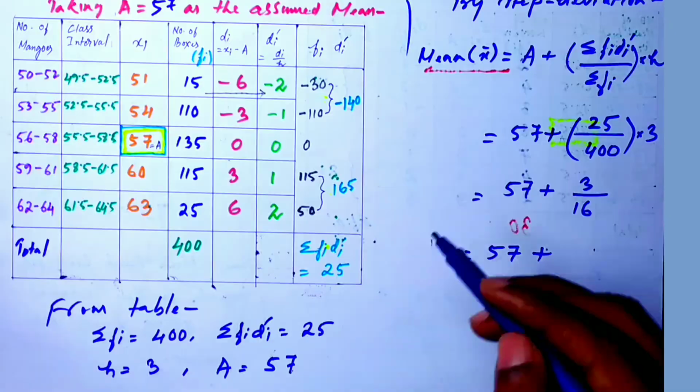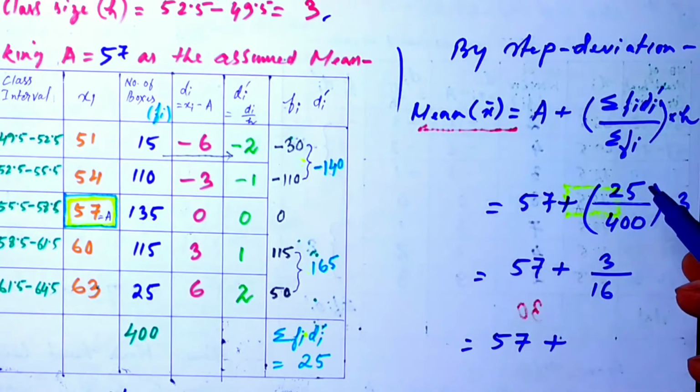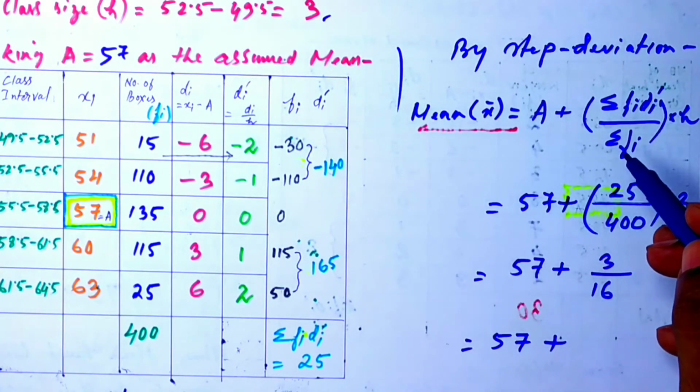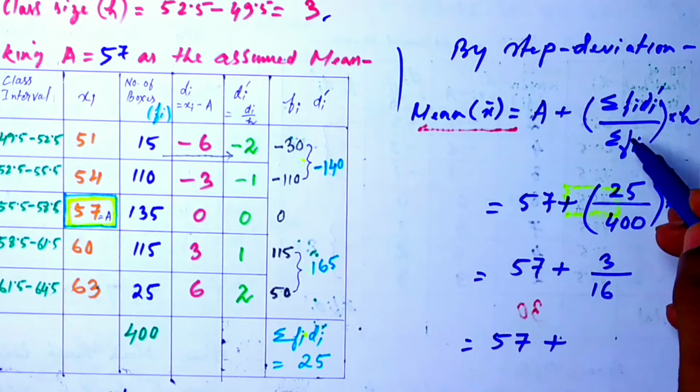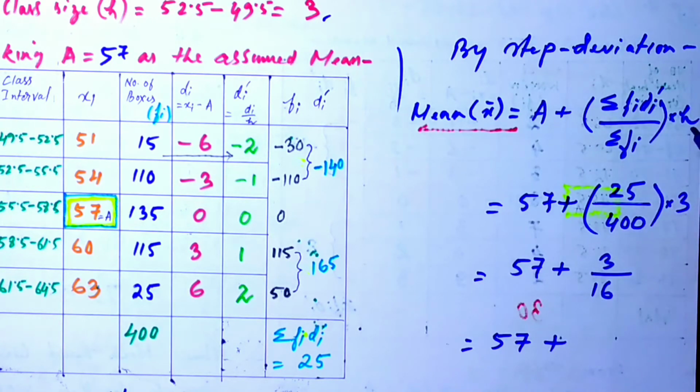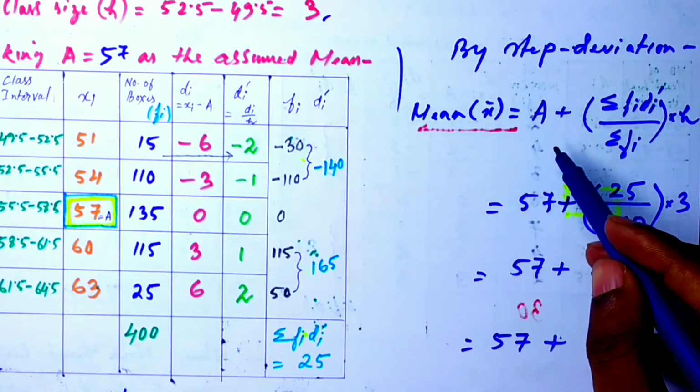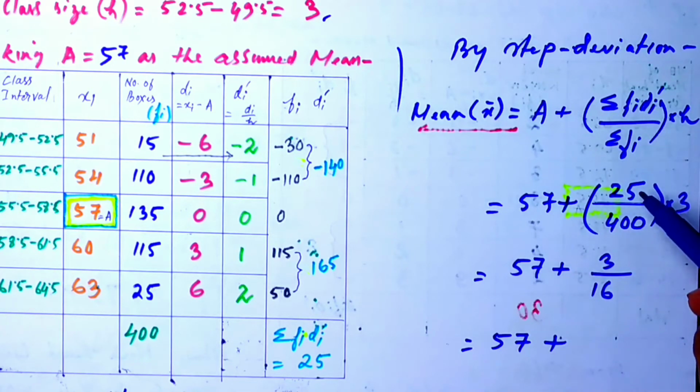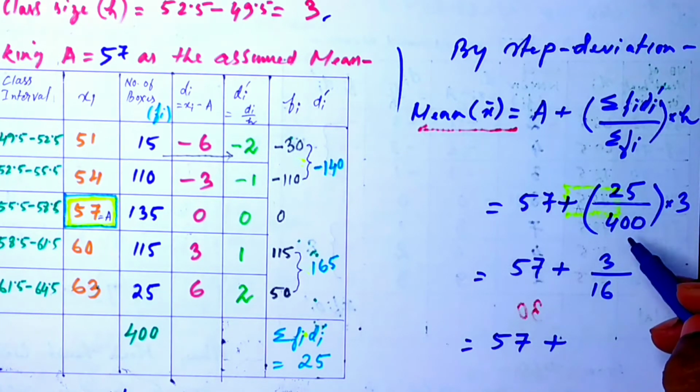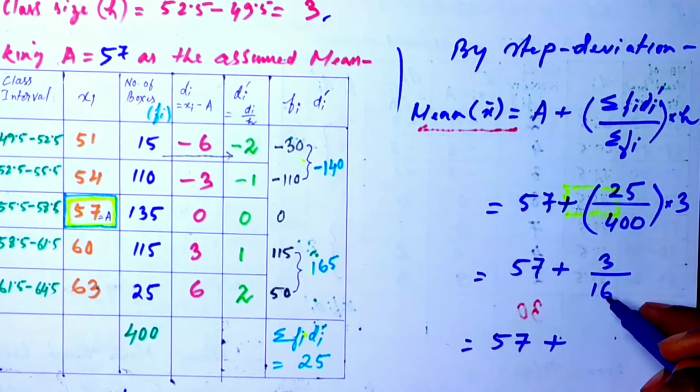By step deviation we have mean equal to a plus summation fi di dash by summation fi into h. So we put the value of a as 57, 25 by 400 into 3, and we calculated and we got 25 4s are 100, so 4 into 4 is 16, so 3 by 16 we have.